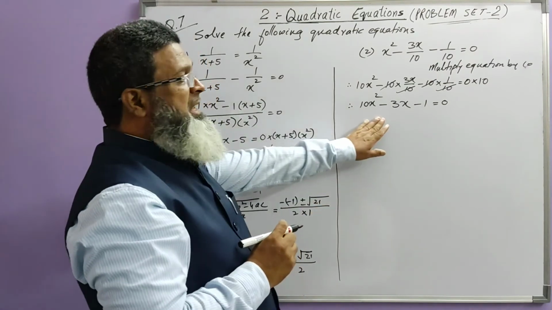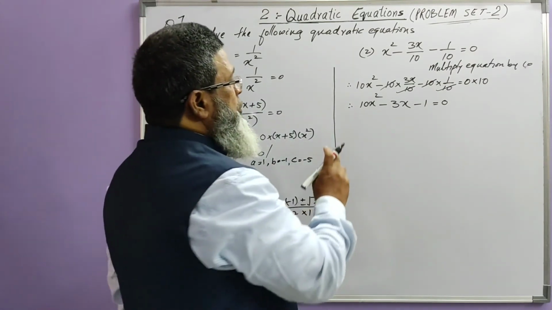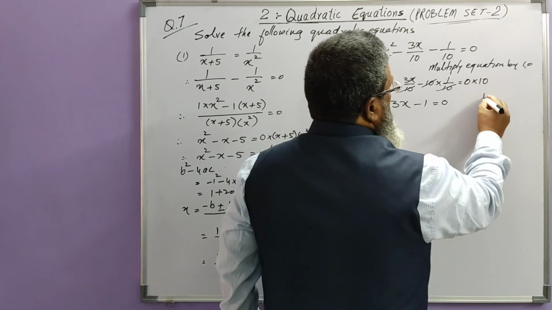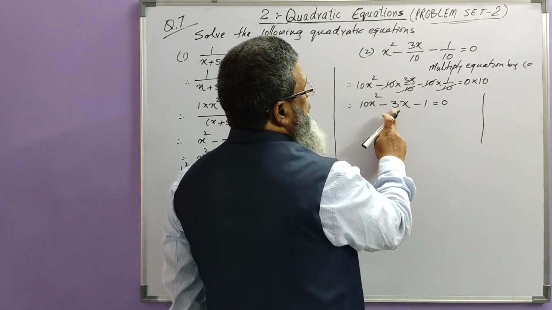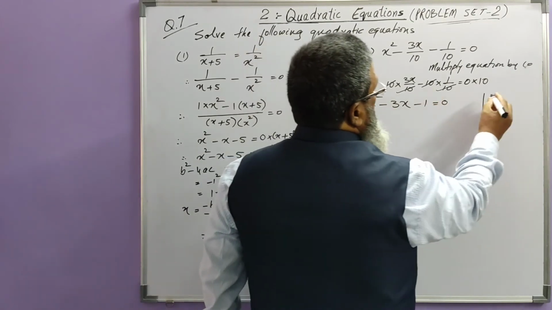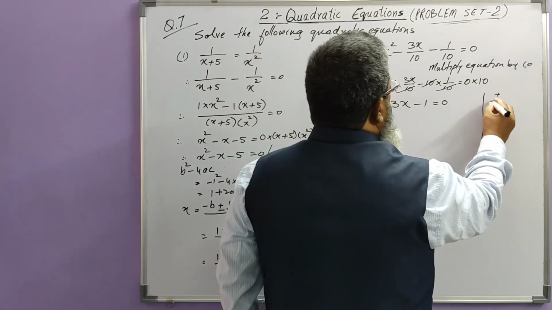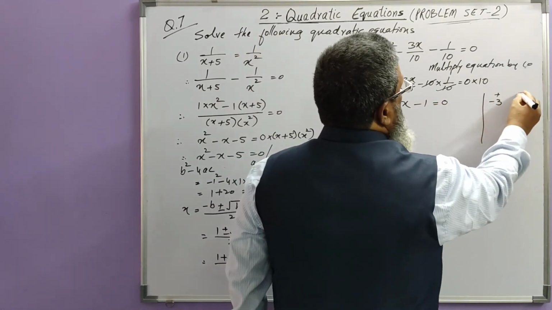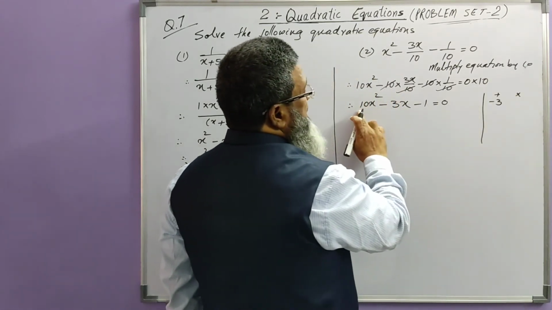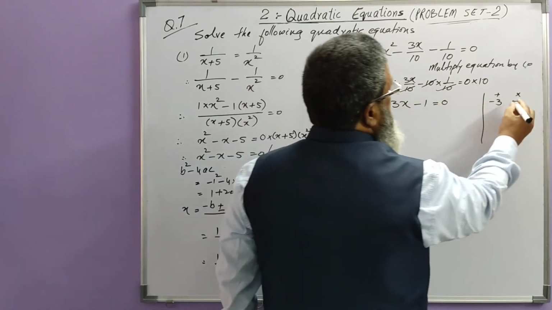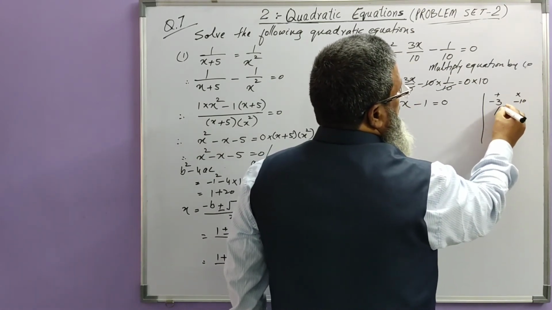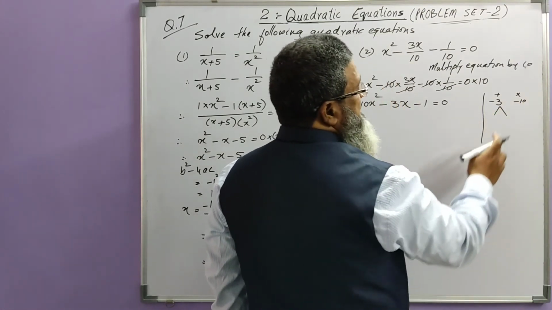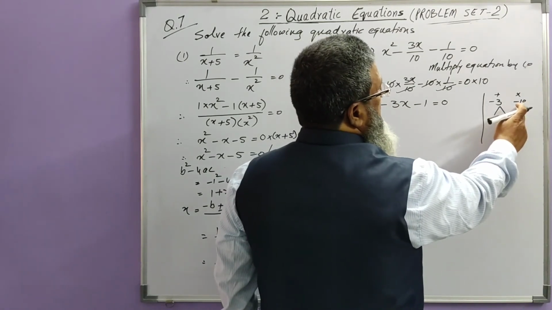So you have to factorize this. So let's check the factorization method, and you have to split the middle term. You want the answer as minus 3, and in multiplication of first and third it is minus 10. So you have to split this into two parts such that you get minus 10 in multiplication.